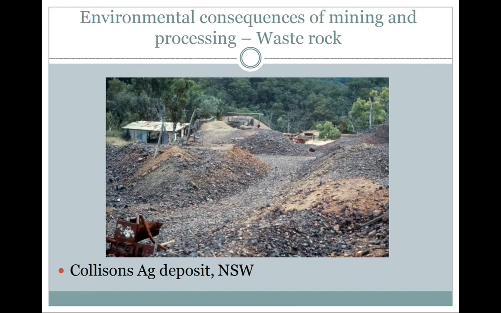Here's an example of a waste rock. This is Collison's silver deposit up near the Mole Granite in the New England area. The main shaft is behind us, and we have these prominent piles of sulfide waste rock, which surprisingly is still fairly high grade in things like silver and potentially indium, strewn across the landscape.